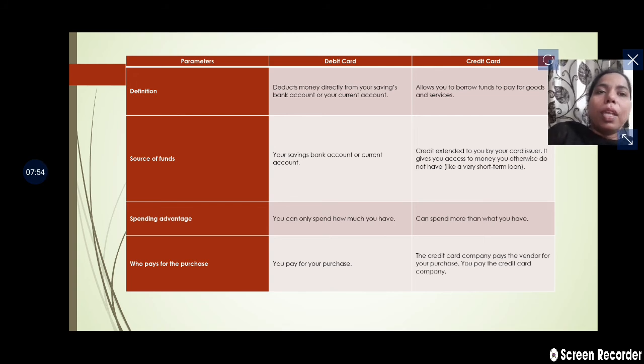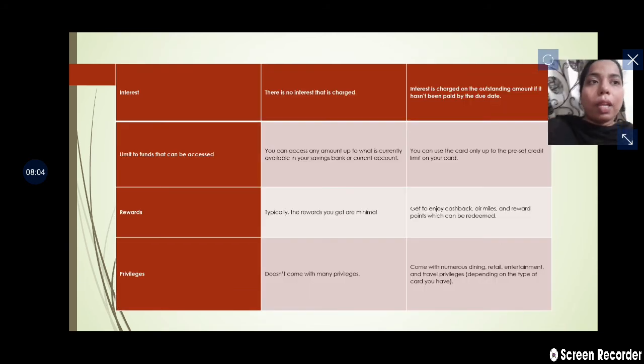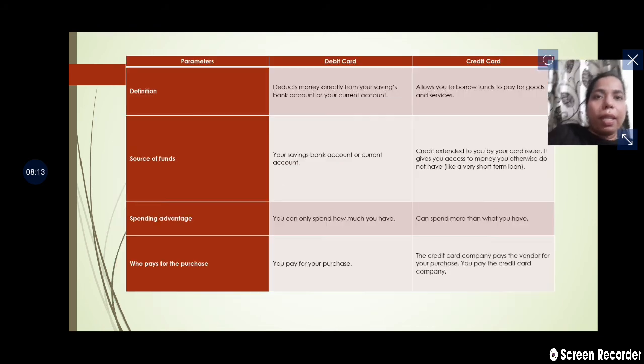Spending advantages. A debit card holder can spend as much money as he wishes to spend. But in the case of the credit card, the limit is fixed, and only up to that limit can the individual spend the money. So who pays for the purchase?